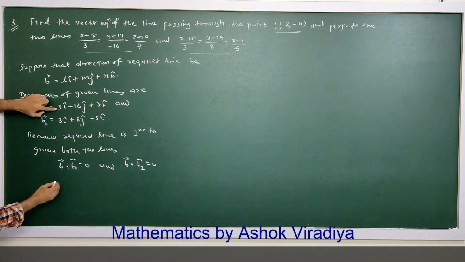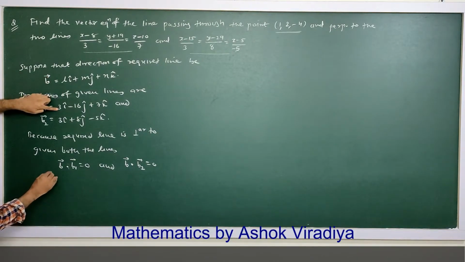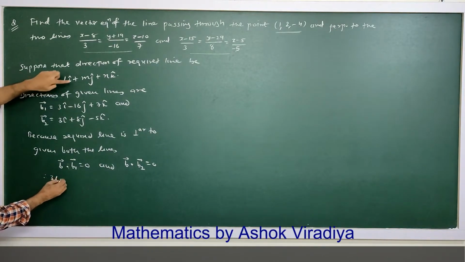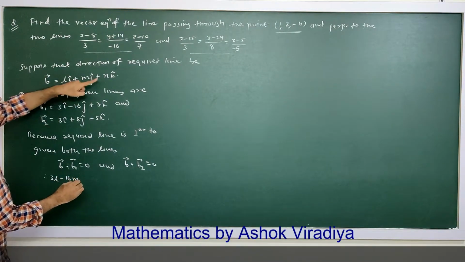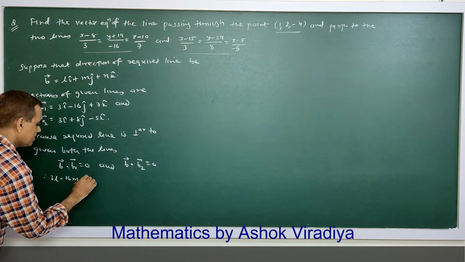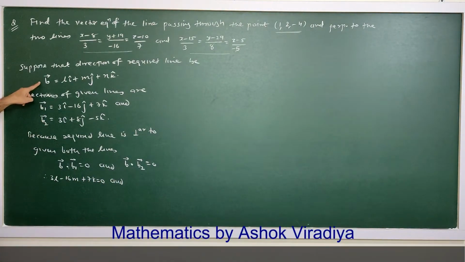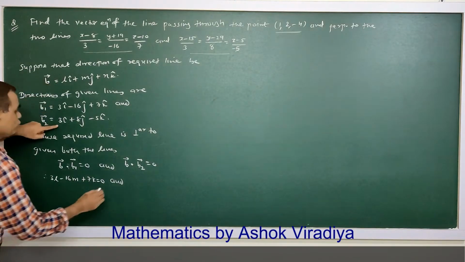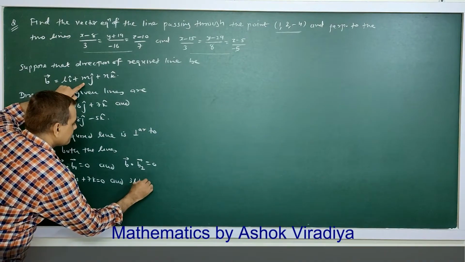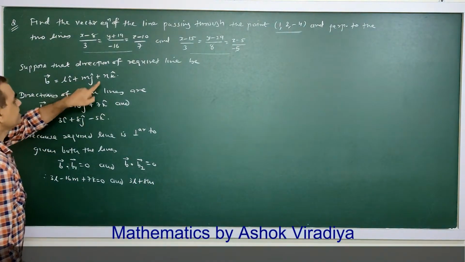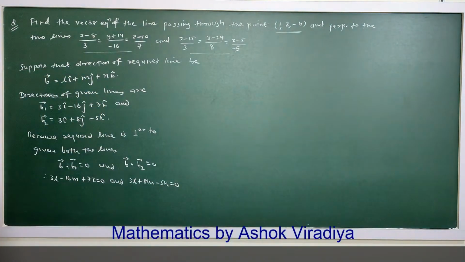So taking the dot product of these two vectors, L into 3, that is 3L, m into minus 16, so minus 16m, n into 7, 7n is 0, and its dot product with this vector, so L into 3, that is 3L, 8m minus 5n equal to 0.